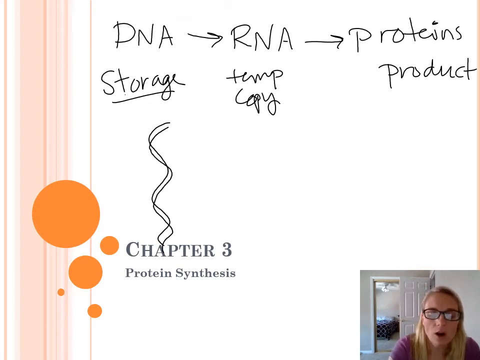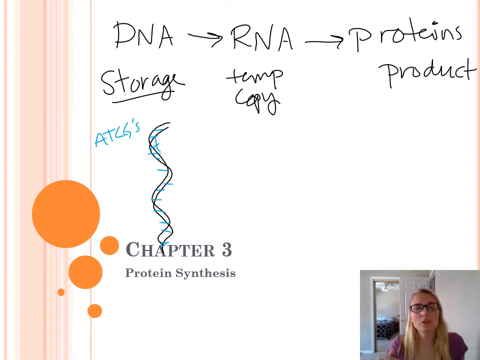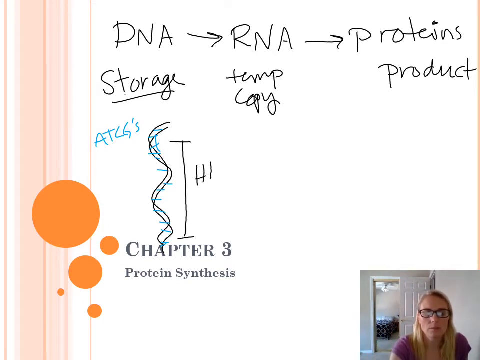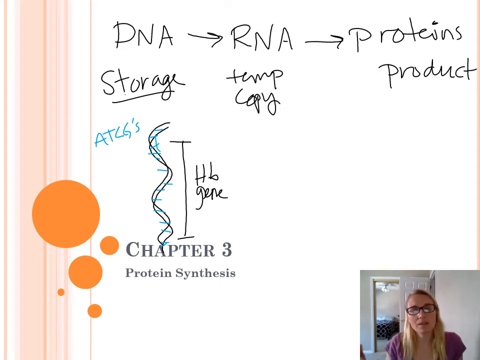Okay, and on this piece of DNA, we have all of our little bases, A's, T's, C's, and G's, in a very particular sequence. And there is a specific part of this DNA that is going to be the hemoglobin gene, right? So it's going to hold all of the information to make the hemoglobin protein, which is our product.